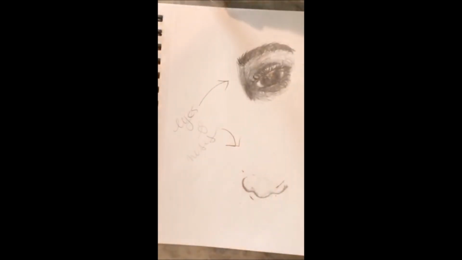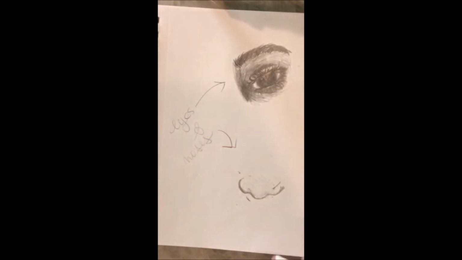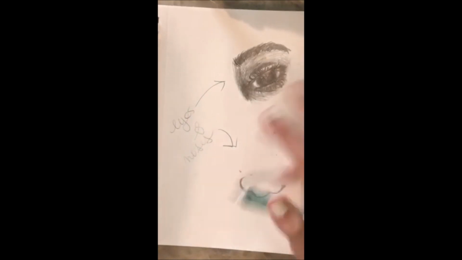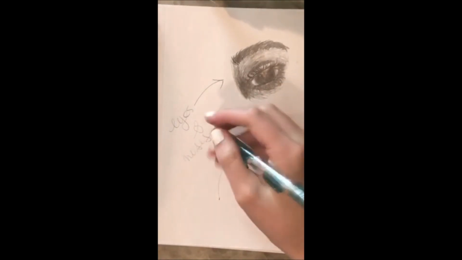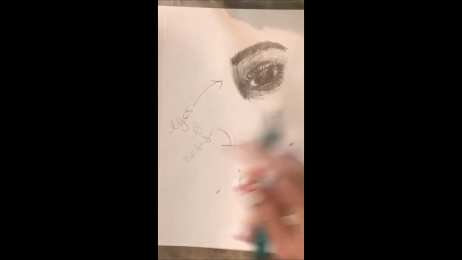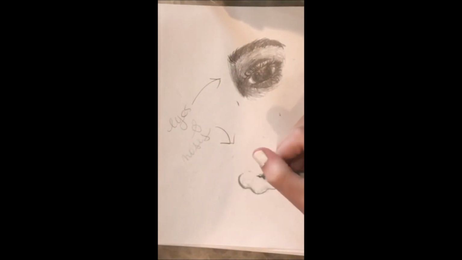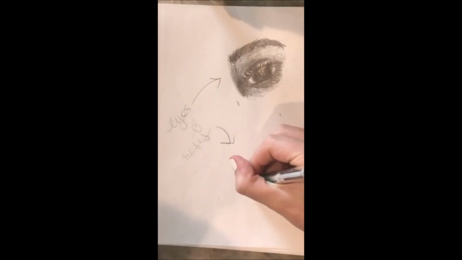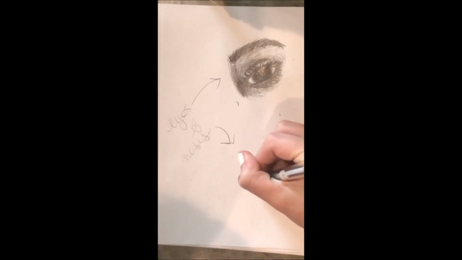All right, and then we're gonna come back to this. So I'm kind of showing you a view nose. That's what I'm drawing right now. And so I'm just gonna bring the nostrils out a little bit because they're kind of a little bit hidden.